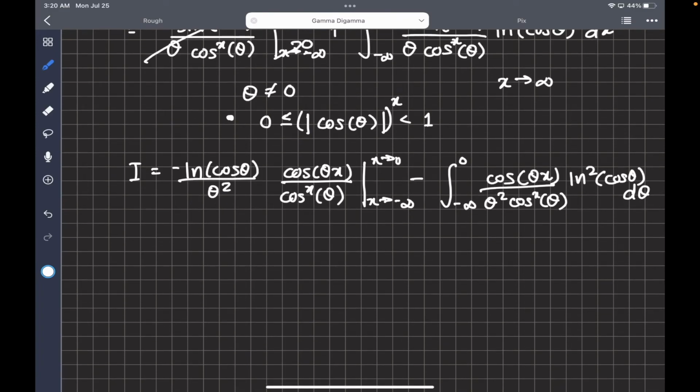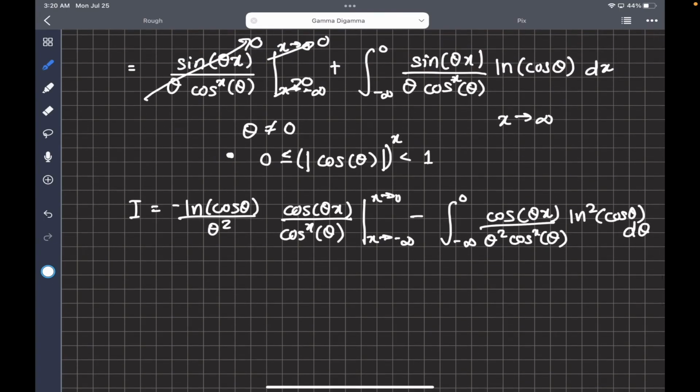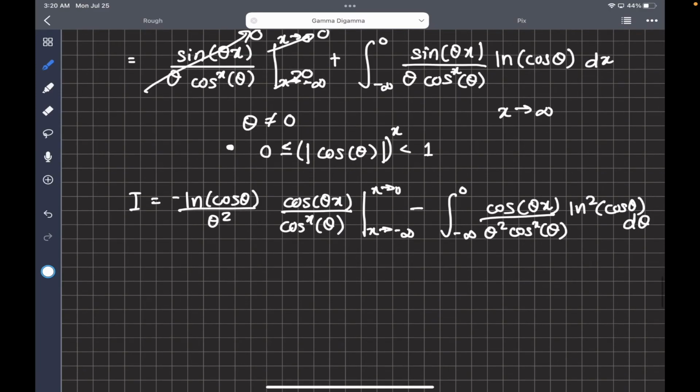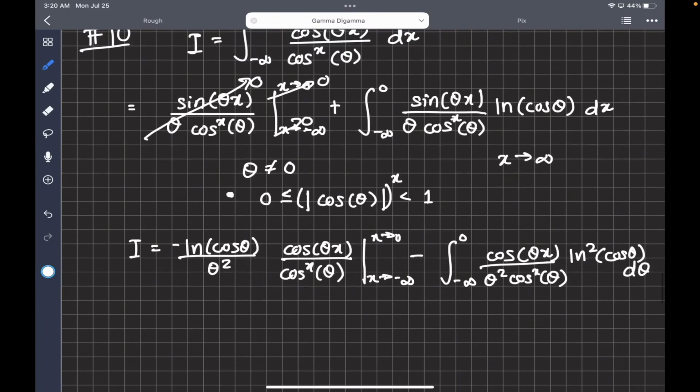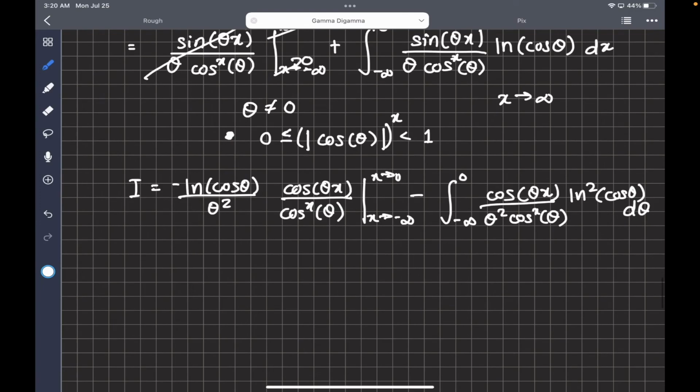Now at infinity, the same argument as before holds, because the cosine of theta x is just going to be oscillating. It won't really contribute much to the magnitude, so to say. The denominator will basically repeat the point here. So it's gone at negative infinity, it's gone to 0. At 0, the denominator goes to 1.